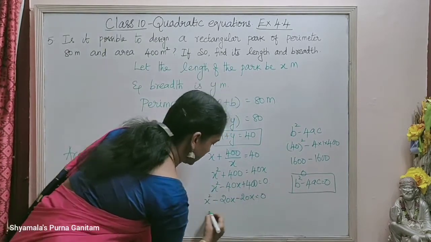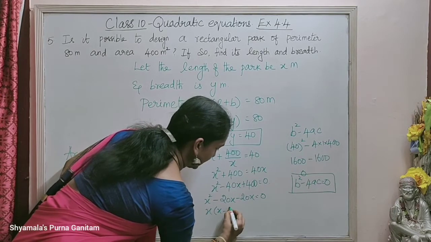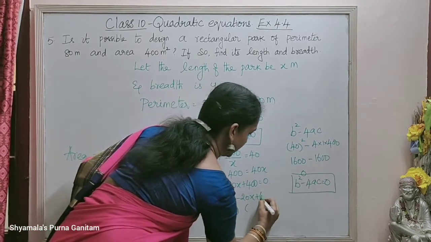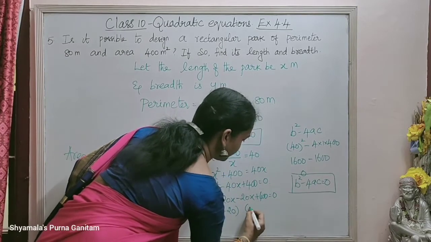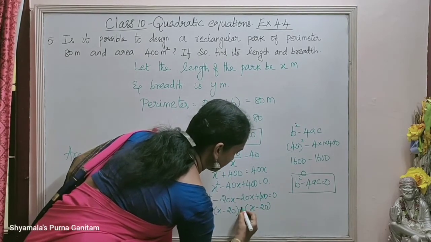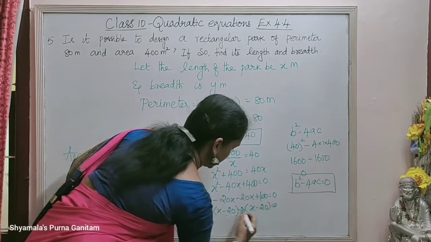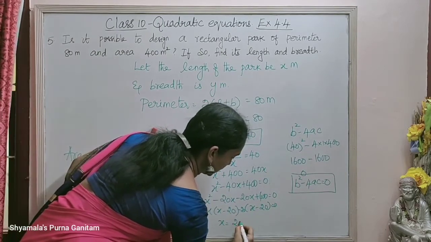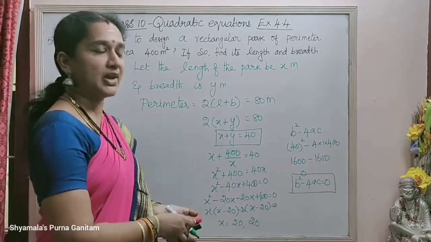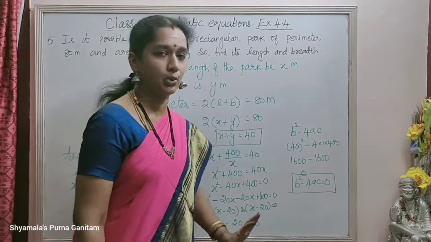So x squared minus 20x minus 20x plus 400 is equal to 0, so x into (x minus 20) minus 20 into (x minus 20) is equal to 0. So x is equal to 20 and 20.